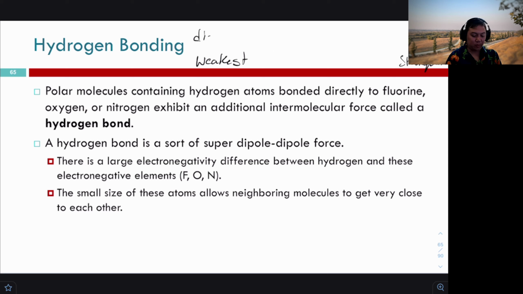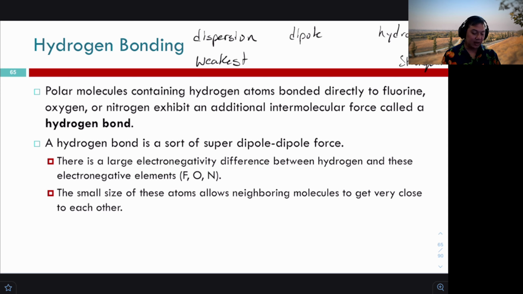Our weakest force is dispersion. Then stronger than that is going to be our dipole. And now hydrogen bonding is not the strongest intermolecular force, but it's up there close to the strongest.